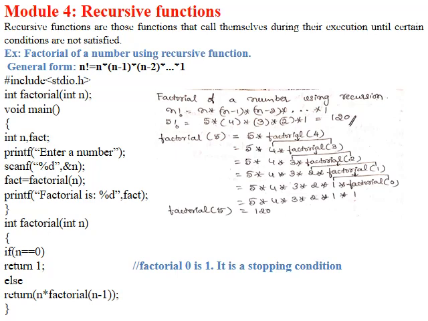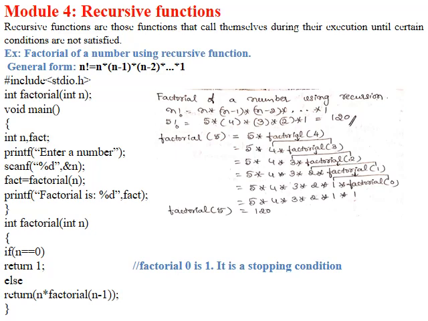Now once the factorial of n function is called, then control will go to the factorial function. Now what happens in the factorial function? That is the recursive function factorial. That is shown here in the example. So I have taken 5 as the input. So factorial of 5, that is the function is called.